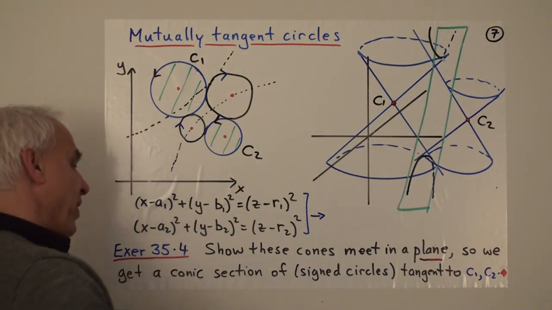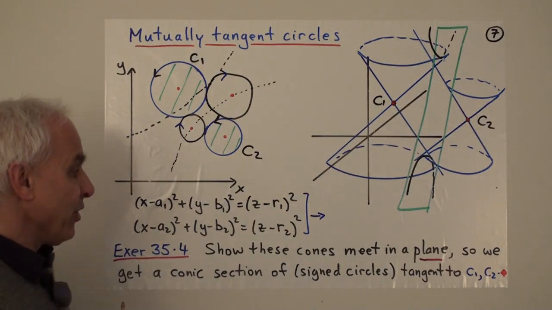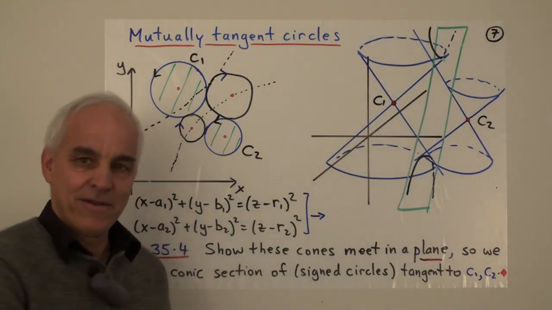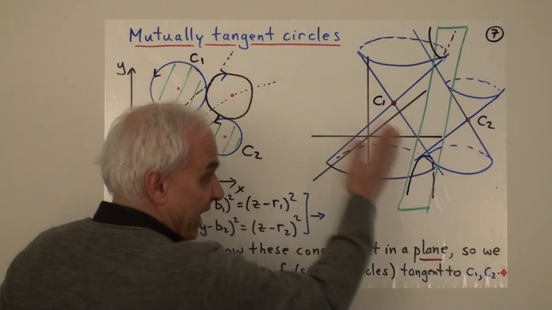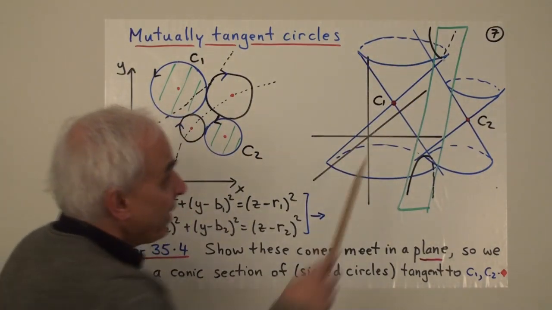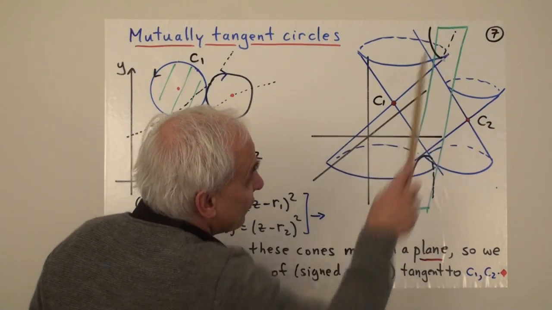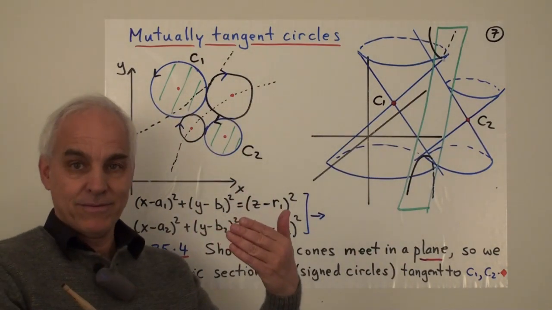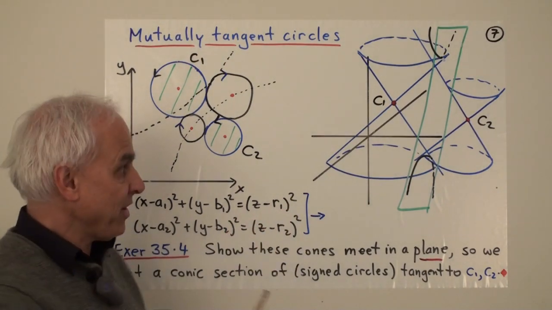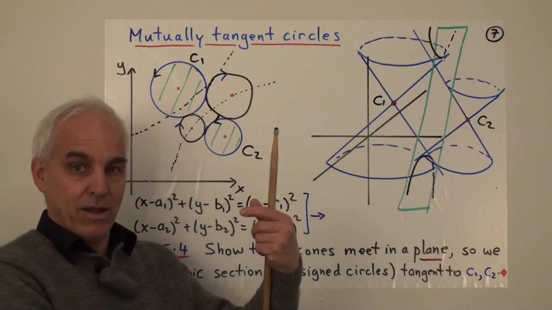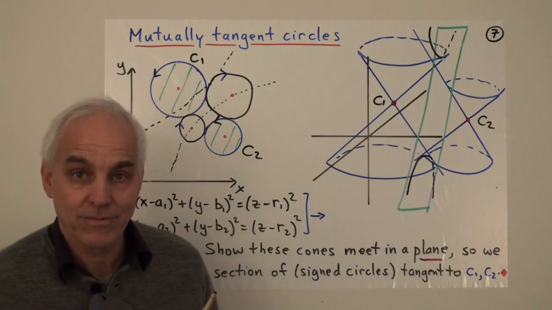And once you've done that, you can immediately conclude that what we're getting is really a conic section. Because we know that once we have a plane meeting a cone, that's going to be a conic section. And I've shown that here in these two branches, two parts of a hyperbola. So the geometry of the intersection of the cones is really just a hyperbola in this three-dimensional space.